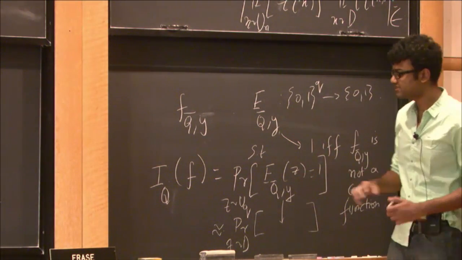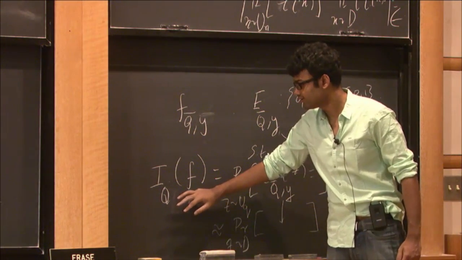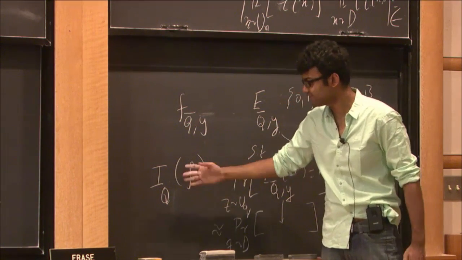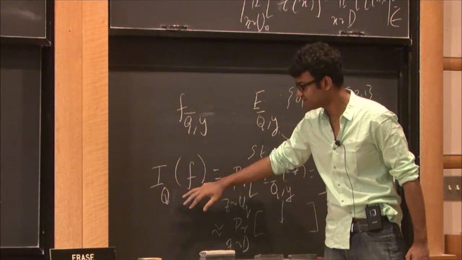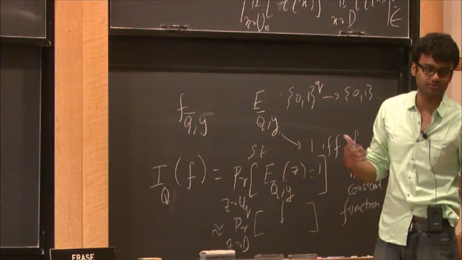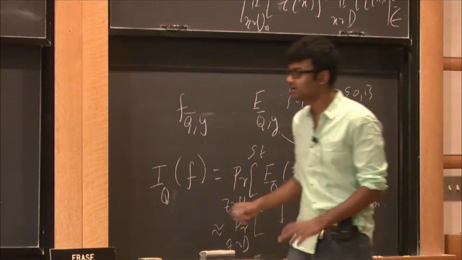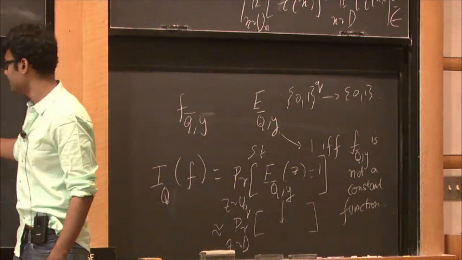So what we have shown is that for any subset q of size q, the influence it has under the uniform distribution is also close to the influence it has under a t-wise independent distribution. So this lets us prove this result.